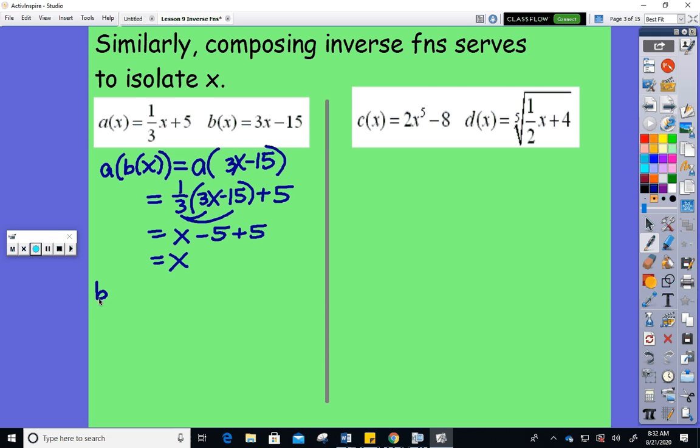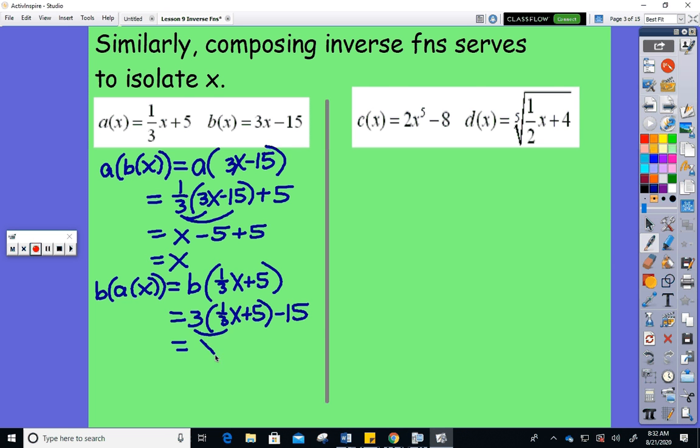Well, I'm only halfway done. I also need to do b of a of x. So step 1, what is the interior function? Well, it's 1/3 x plus 5. Step 2, what's it look like to insert anything into b of x? Well, you're supposed to say 3 times whatever your input is, and then minus 15. Now let's clean that up.